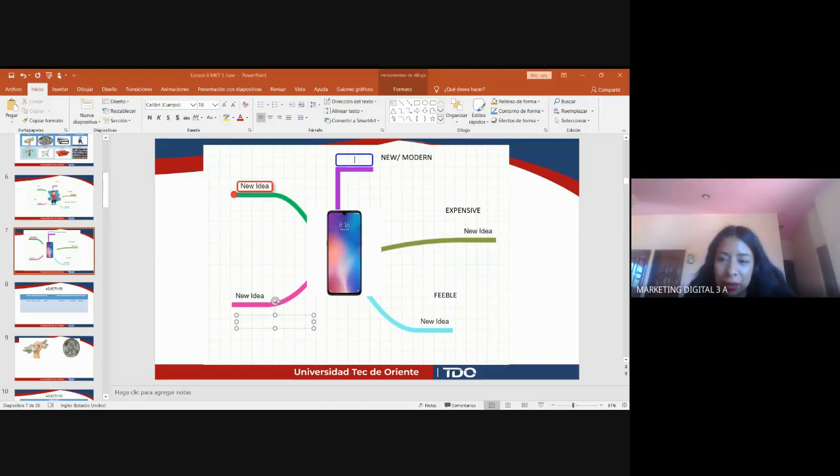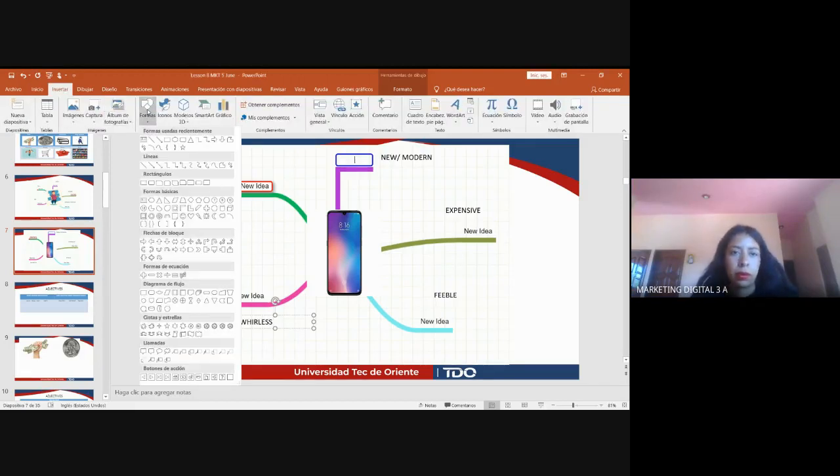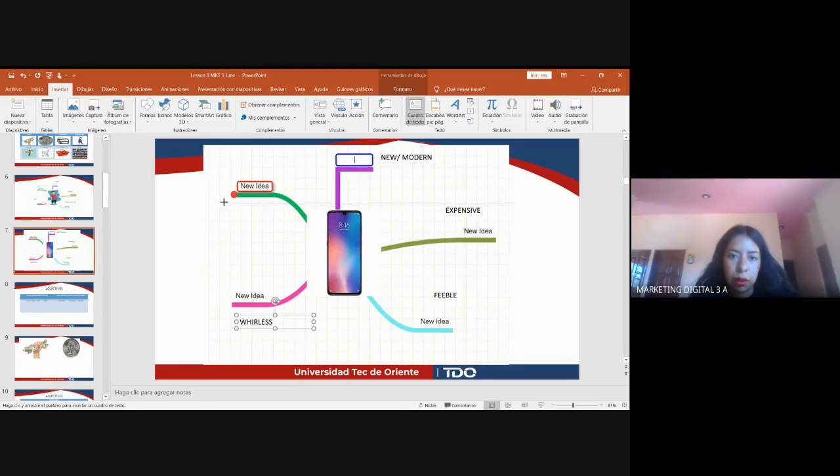Weightless, weightless. I think like this. And then what else? Light, ligero, yes.